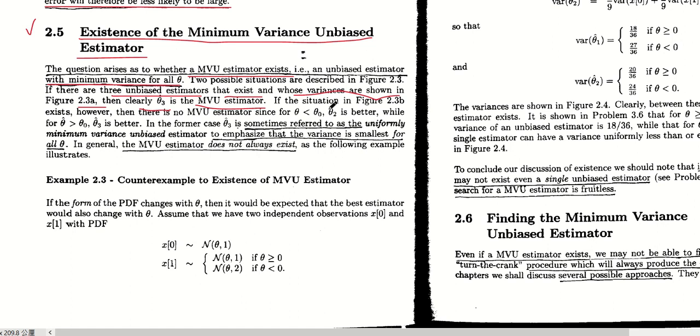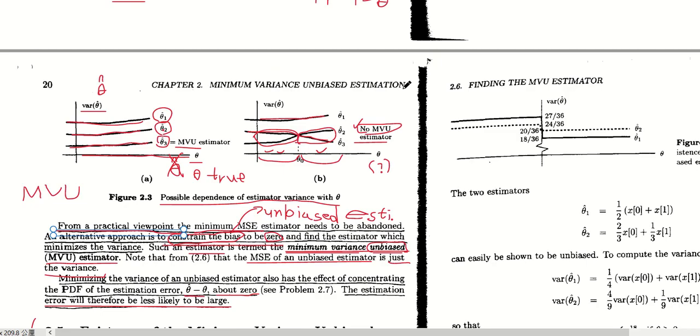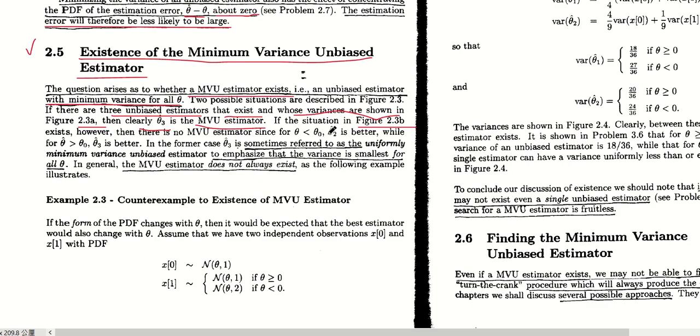If the situation is in 2.3b, which is this one, some are better than others in some region, but not always, then there exists no MVU estimator, since theta 2 is better in that region, while in that region, theta 3 is better. So in the former case, theta 3 is sometimes referred to as the uniformly minimum variance unbiased estimator, to emphasize that the variance is smallest for all theta.